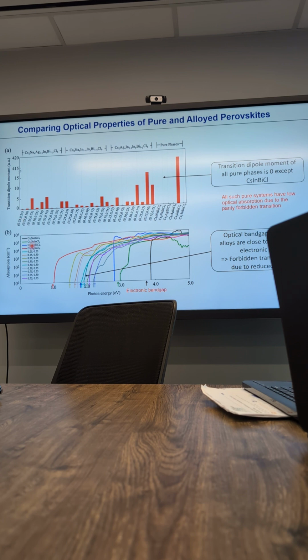They wanted to correlate that with the absorption spectra, and if they overlap, that means you have similar structures in there. But what happened is because of the forbidden transition being broken.